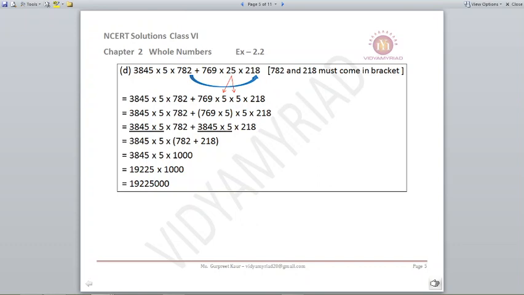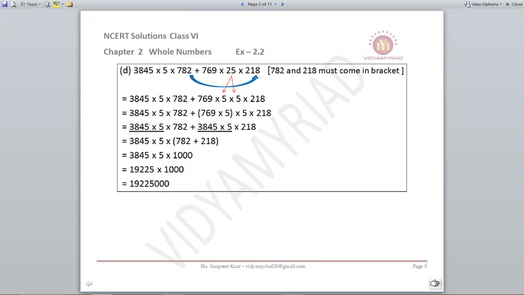No, I told you 218 should not be taken because we will use them in the common bracket. So let us do 769 multiplied by 5. When I multiply this, I get 3845, which is there in the first part also. Now I have 15 also, and I am left with 218 in the second bracket.